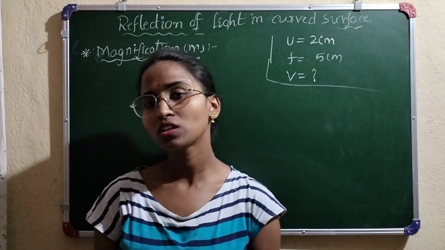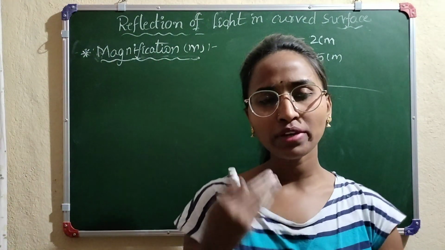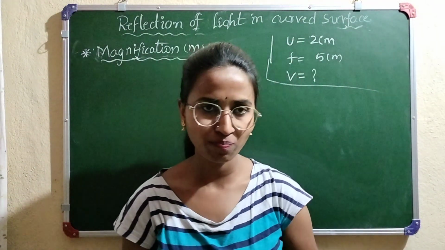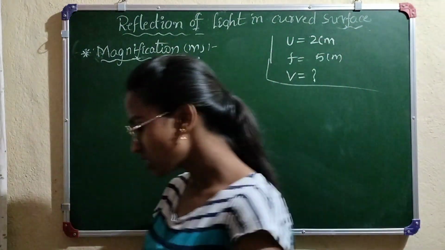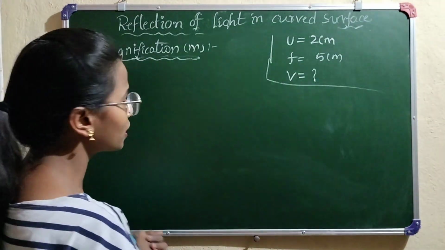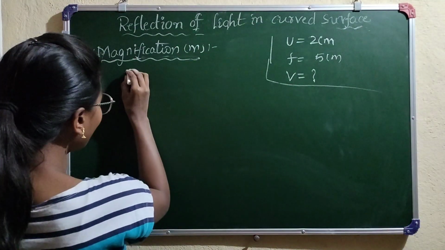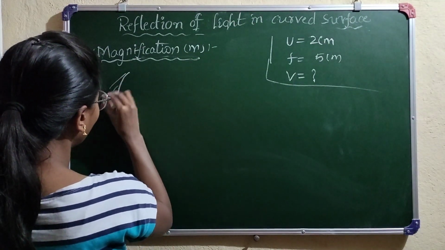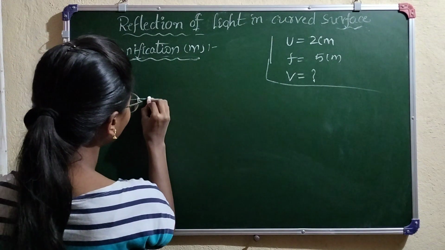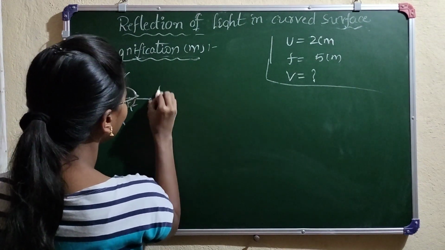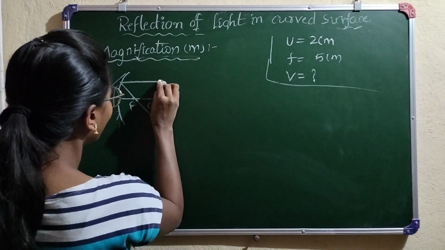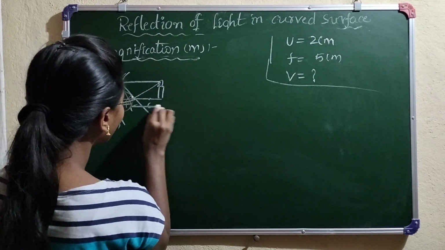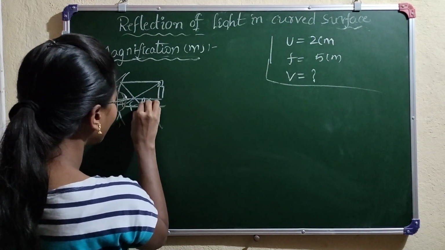The first is the ratio between the image distance to the object distance. We can get to know that if we take a concave mirror. So this is C, and here is an object. Again, here the image is forming.